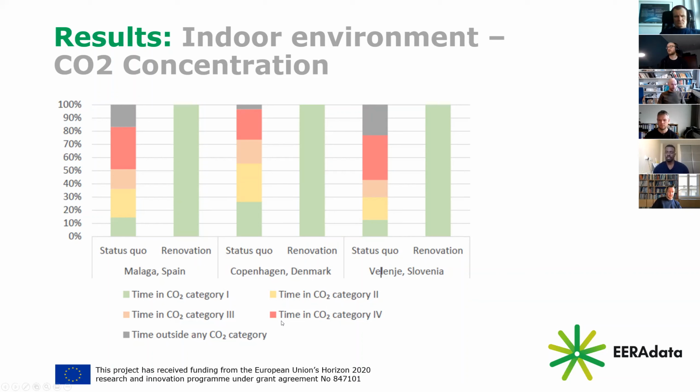I don't know exactly what the range is, but we should not be in there. By adding the mechanical ventilation system, we can create a very good CO2 concentration throughout the day for the pupils and teachers after the renovation. This applies to all countries.